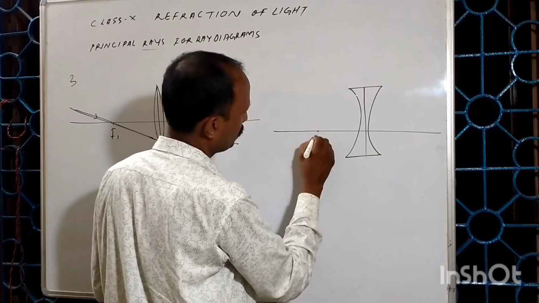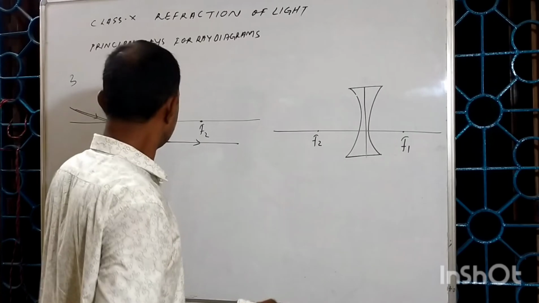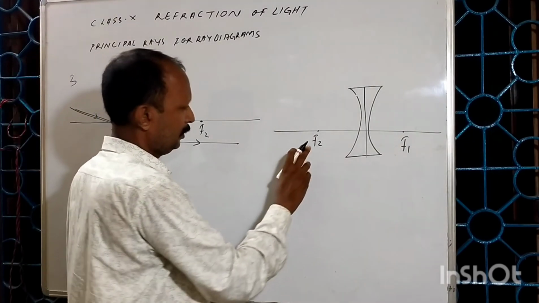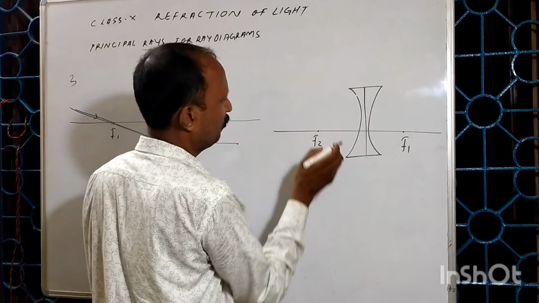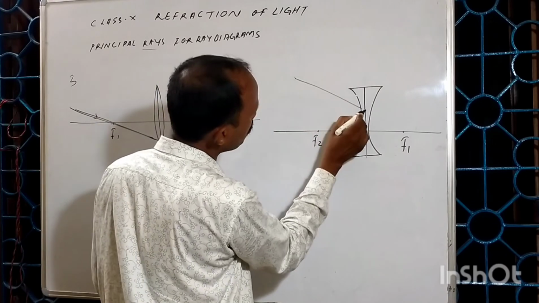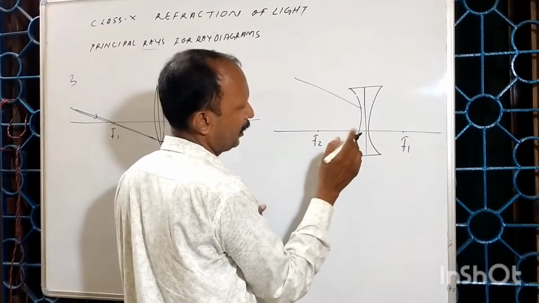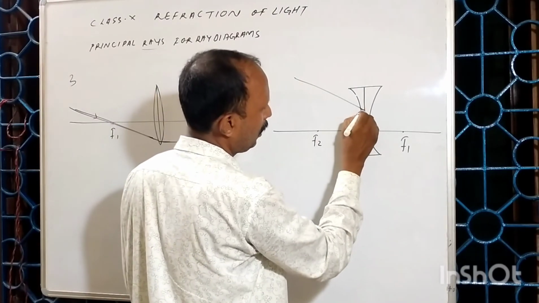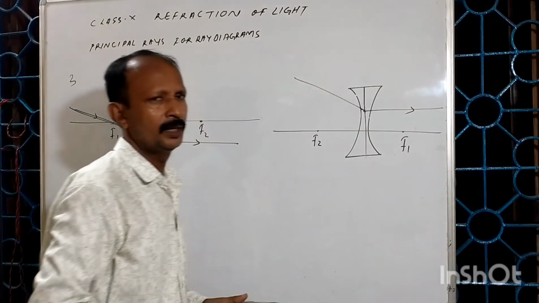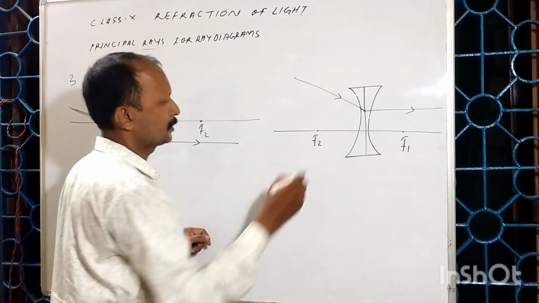So here is F2, here is F1. So the ray which comes towards F1 moves parallel to the principal axis.